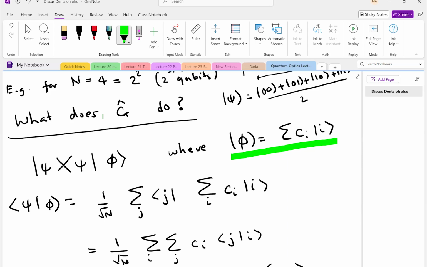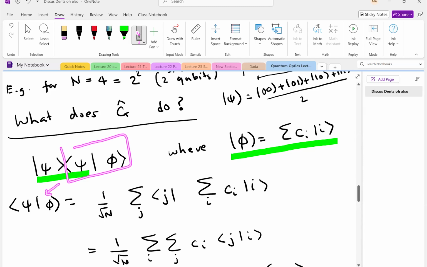So now if my projective operator acts on this state, let's see what I get. I just do simple quantum mechanical calculations. I calculate this probability amplitude first.